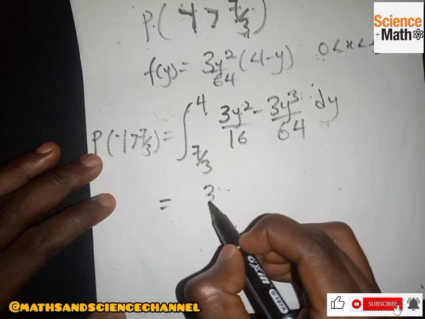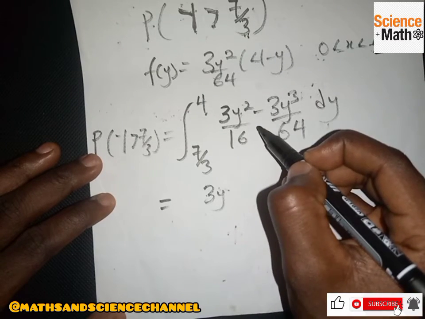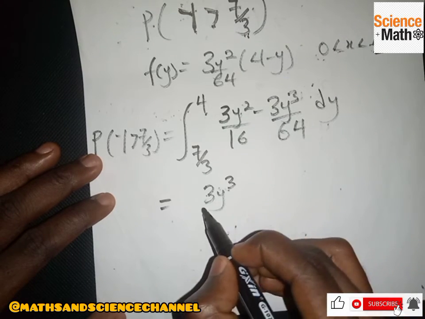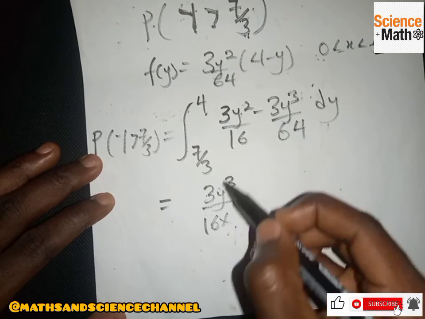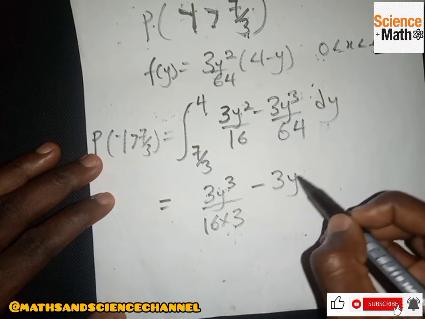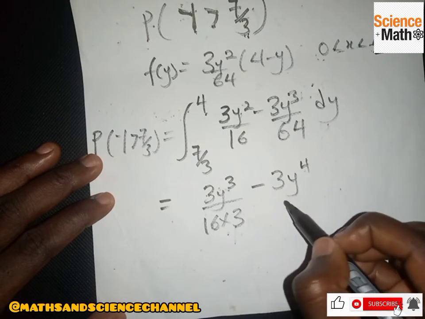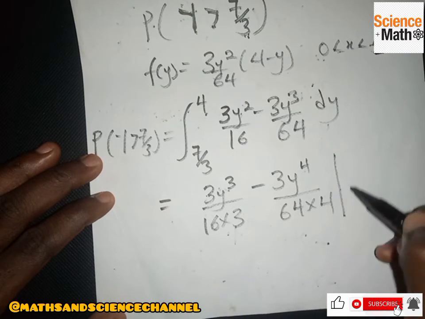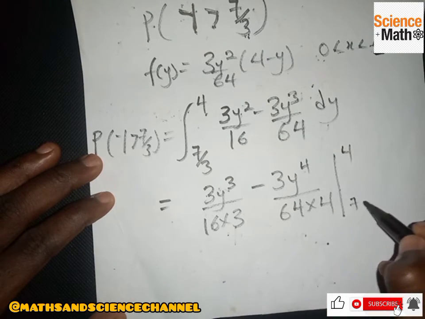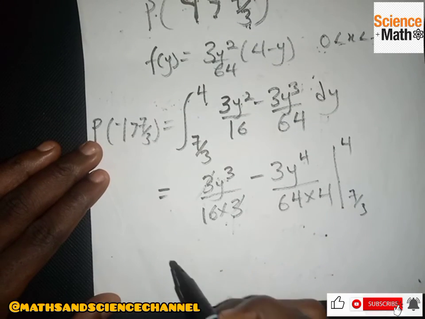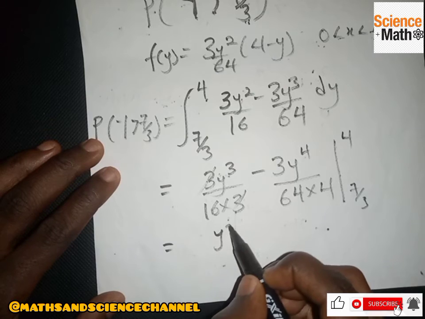We have 3y squared, we add 1 to the exponent, so it becomes y cubed, and we divide by the new exponent 3, so 3 gets rid of 3, and we have y cubed over 16.